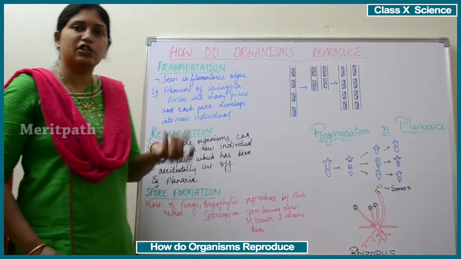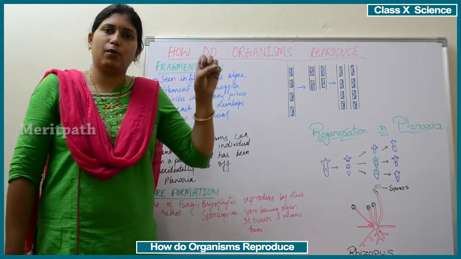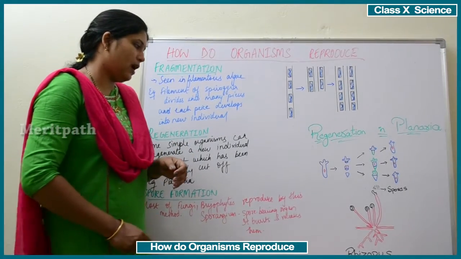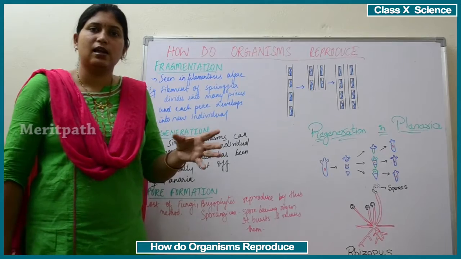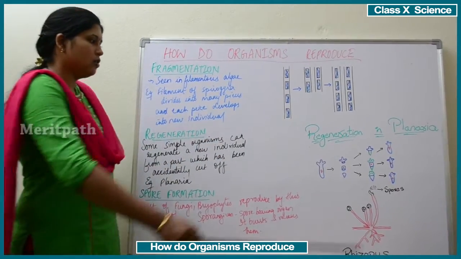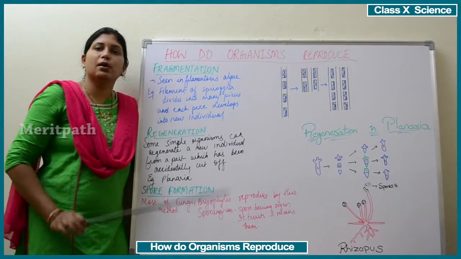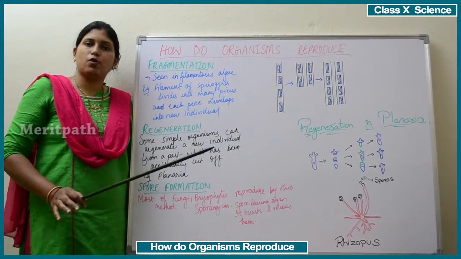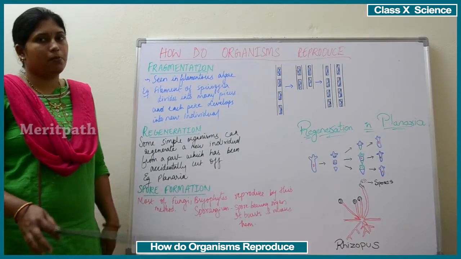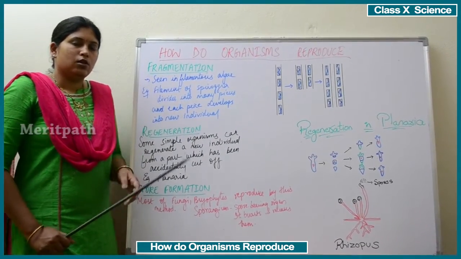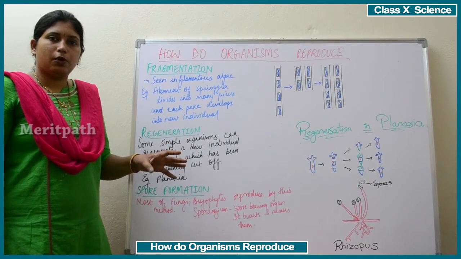When conditions are favorable, when there is an adequate amount of food, moisture, temperature, the sporangium bursts and releases the spores, and that is how spores reproduce again.